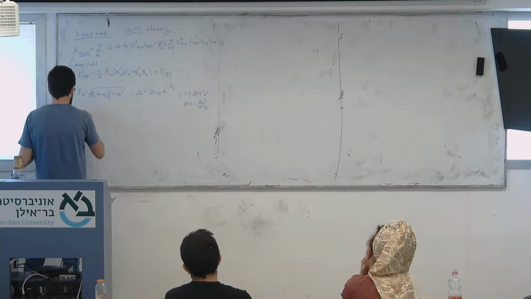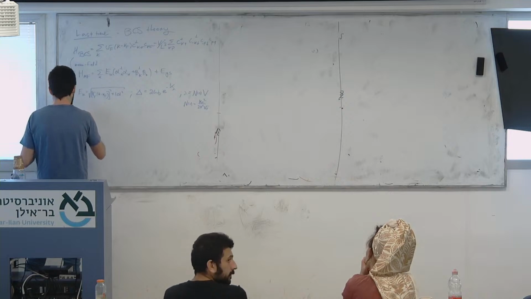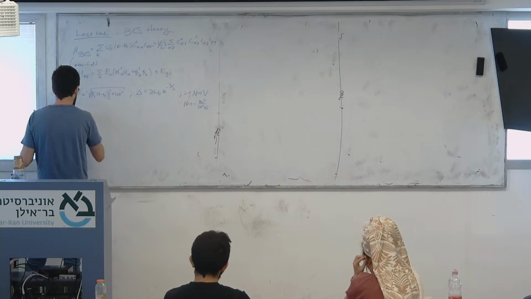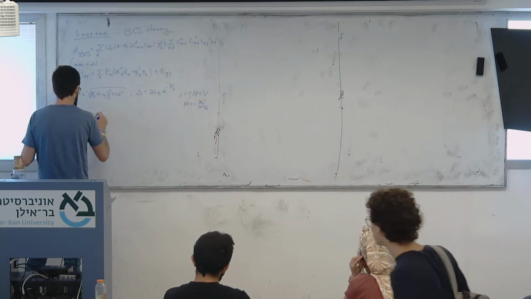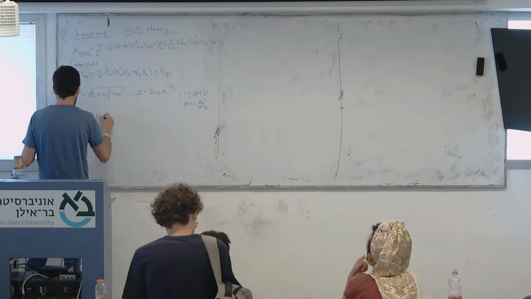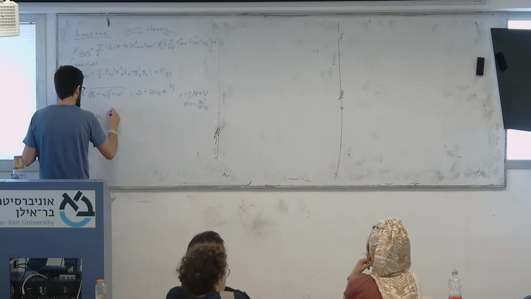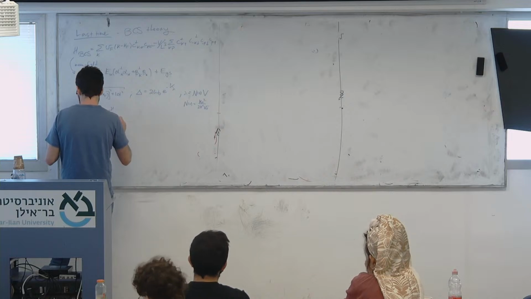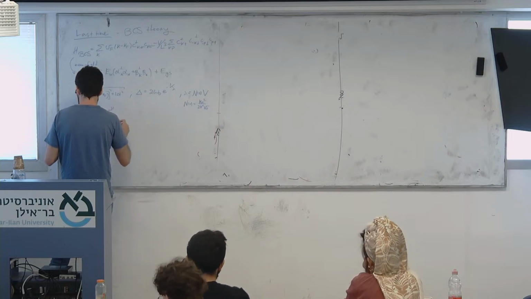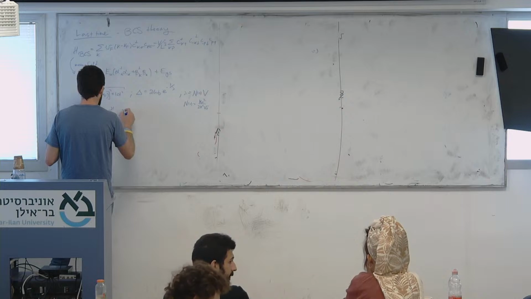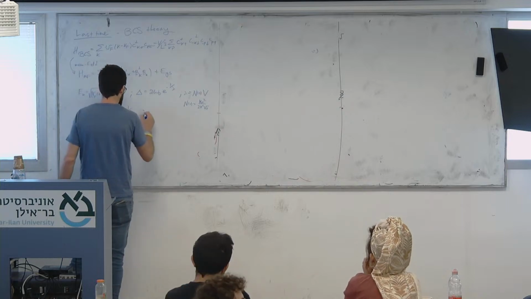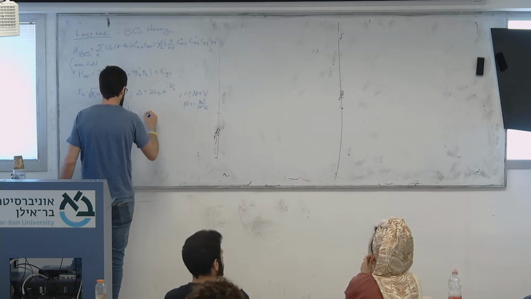We also saw that Tc is equal to 2 omega D e to the gamma over pi, e to the minus 1 over lambda, which is just e to the gamma over pi times delta.